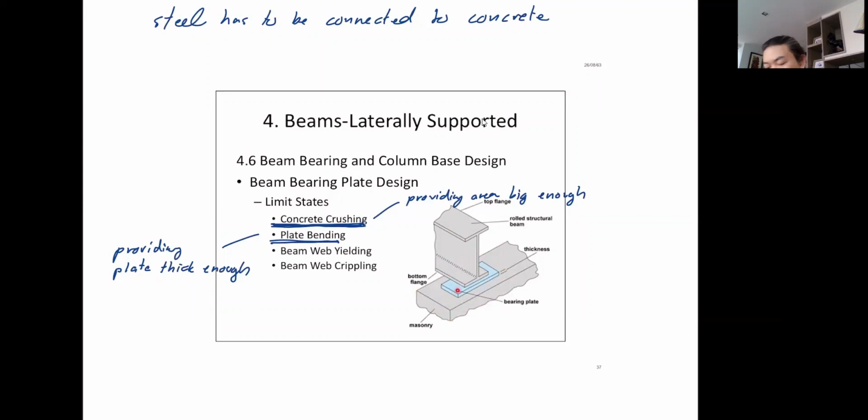And then you have to design the thickness of the plate to prevent the plate bending as well. But in addition to that, this is the reaction on your beam, right? So these two things come into play if you have the base plate supporting a beam, but columns will not have it. Okay. Any question then?